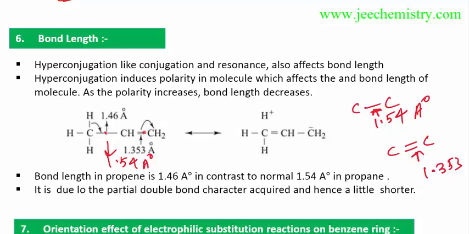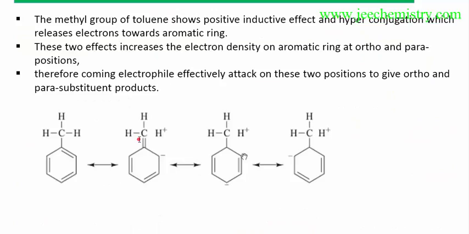This double bond should be 1.353, but due to hyperconjugation this also becomes 1.46 angstrom, because it sometimes becomes double, sometimes single. So the bond length is also affected by hyperconjugation.